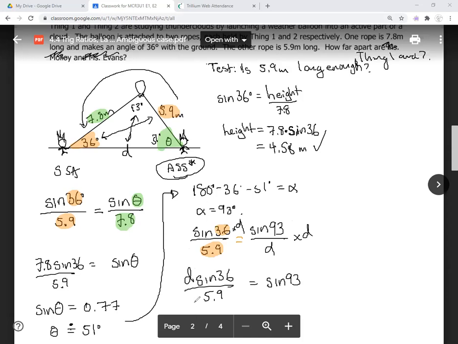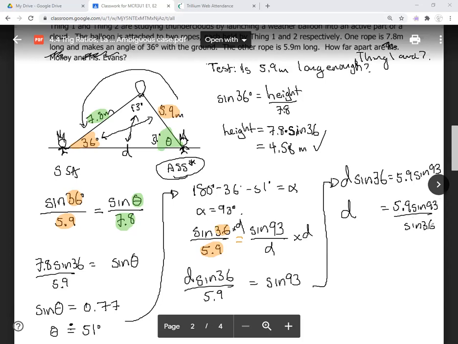Next, I need to isolate d. So I'm going to multiply both sides by 5.9. Sorry for the large writing. So d times sine 36 is going to be 5.9 times sine 93. And lastly, I need to get d all alone. So I'm going to divide both sides by sine 36, giving me 5.9 sine 93 over sine 36.